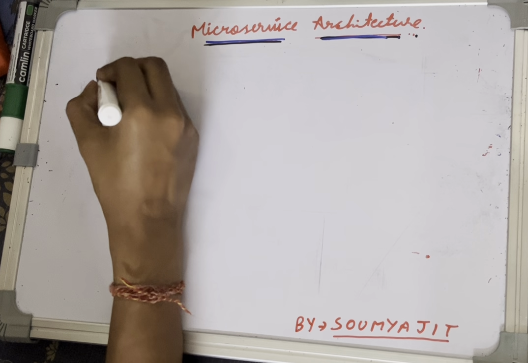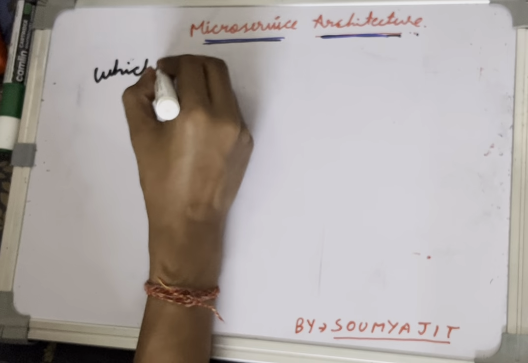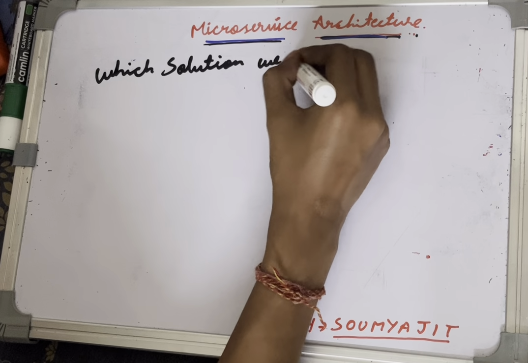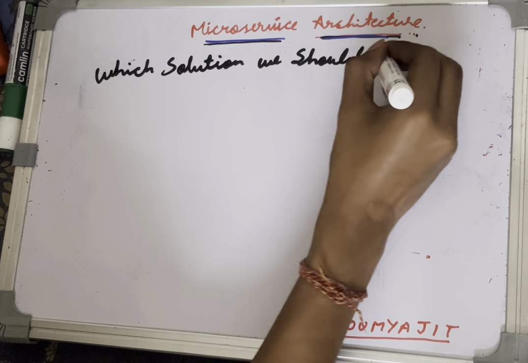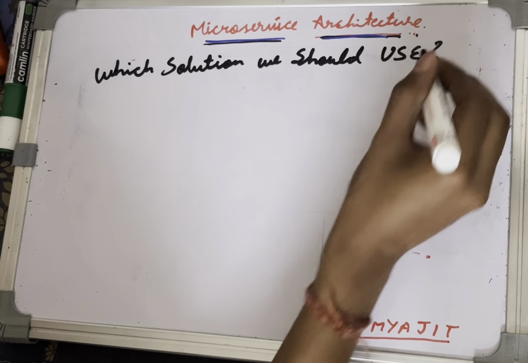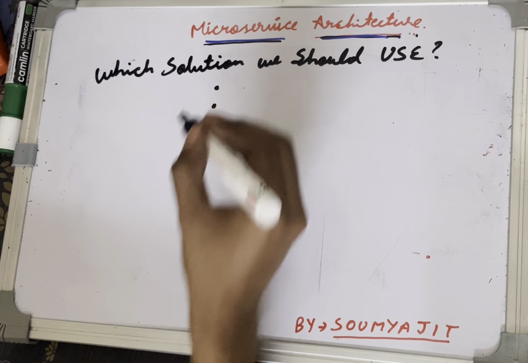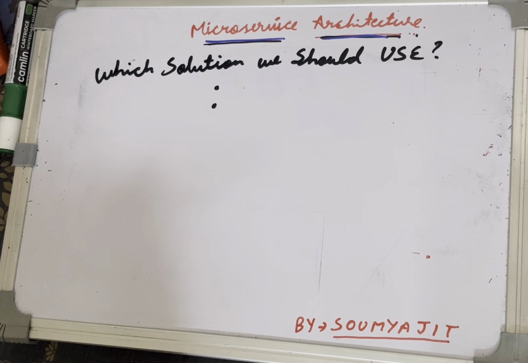Now the question arises, which solution should we use, because we have two solutions. One is eventual consistency and second is distributed transaction, right?